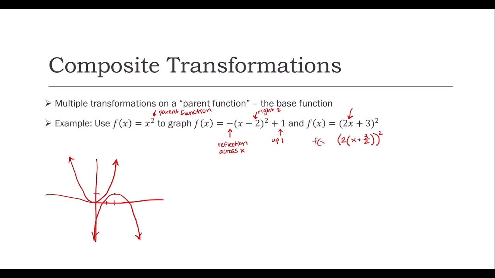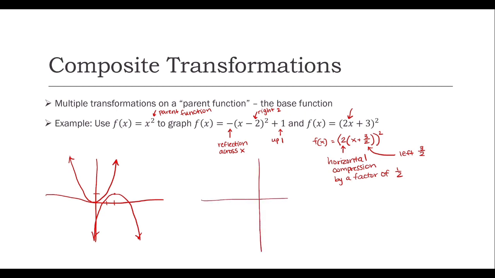The 2 inside will give you a horizontal compression by a factor of 1/2. This is because 2 is your b value, so it would be 1 over that, so 1/2. And then it's being shifted left 3 over 2.